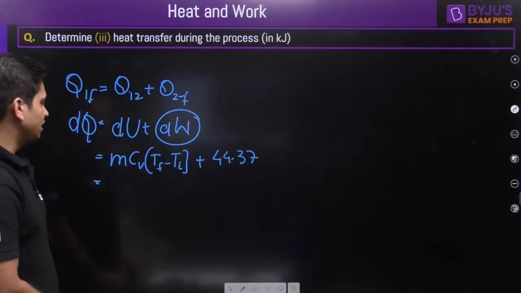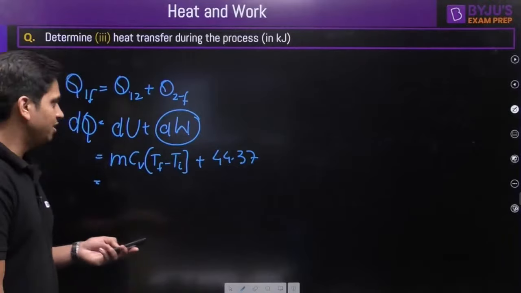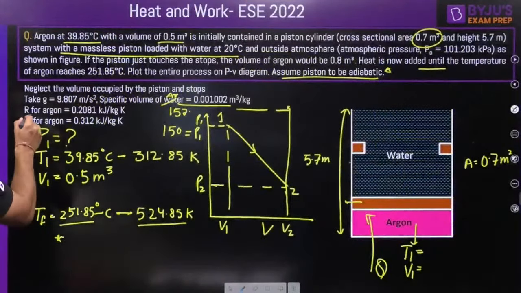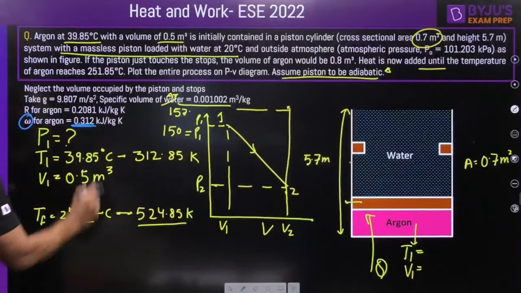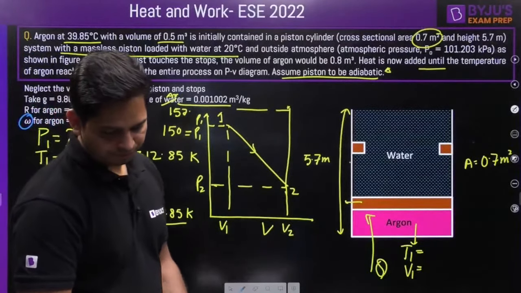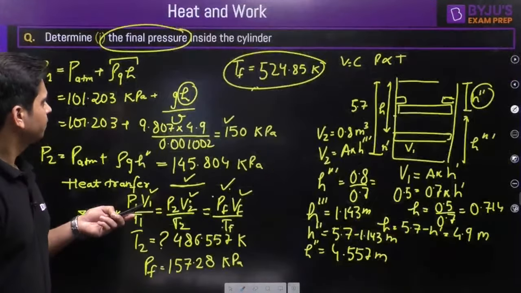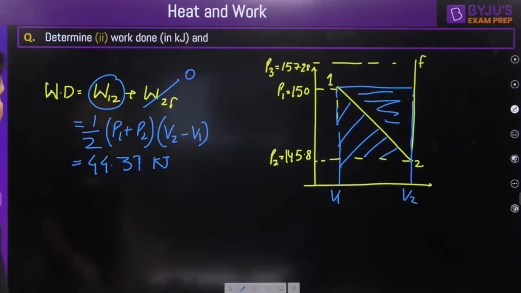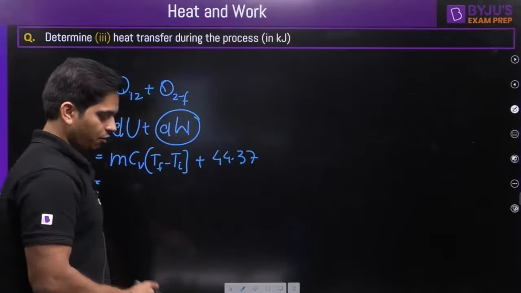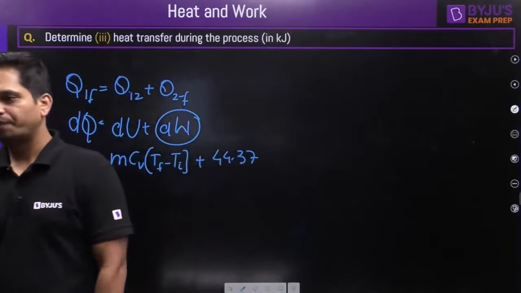How much is it? In the question Cv is given. How much is it? This is Cv, 0.312. You can put this and calculate that. Is there anything that is required?